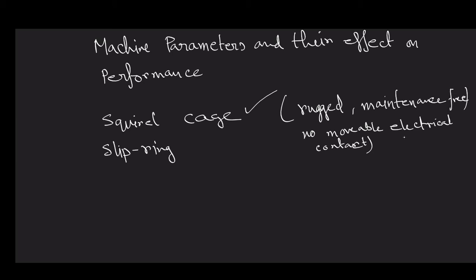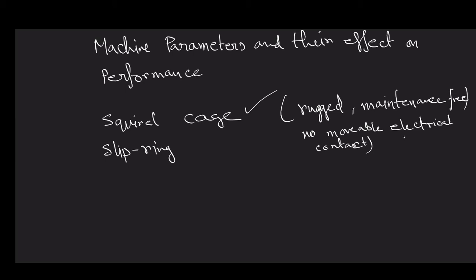That is not desirable, no way desirable. So the advantages of the squirrel cage are that it is rugged, maintenance free, with no electrical contact, therefore no such spark, and no periodic maintenance requirement.